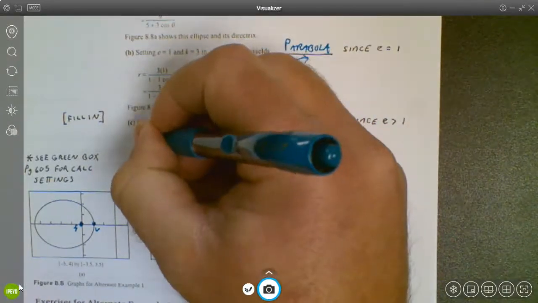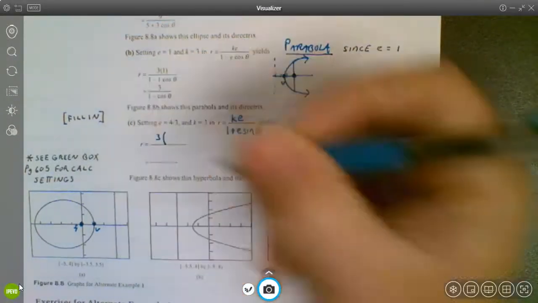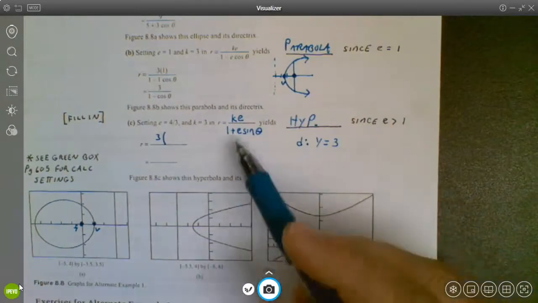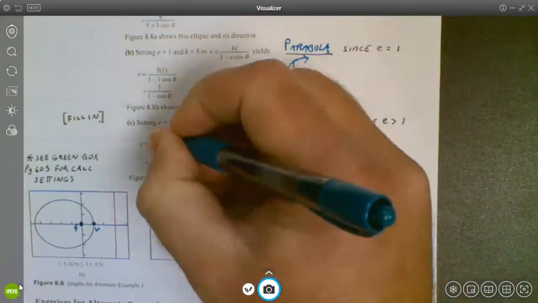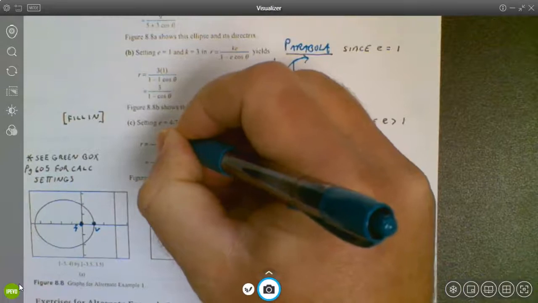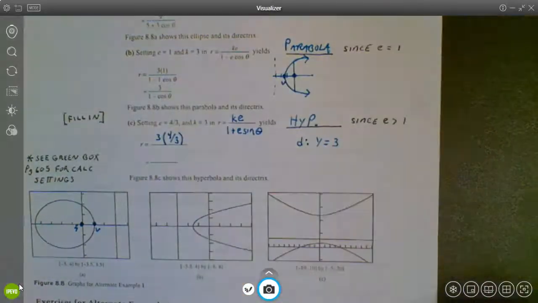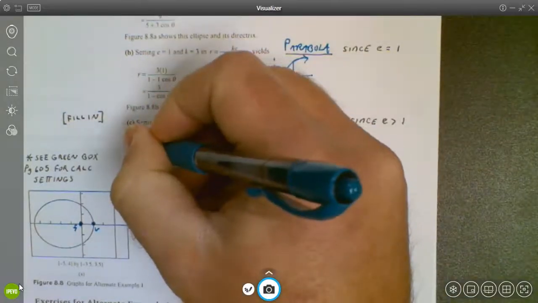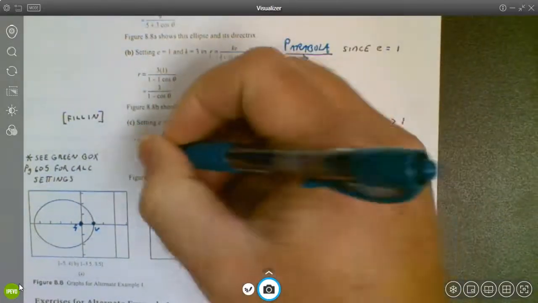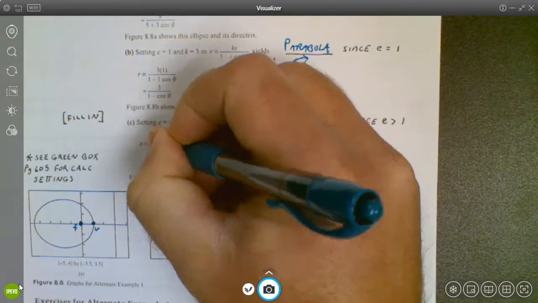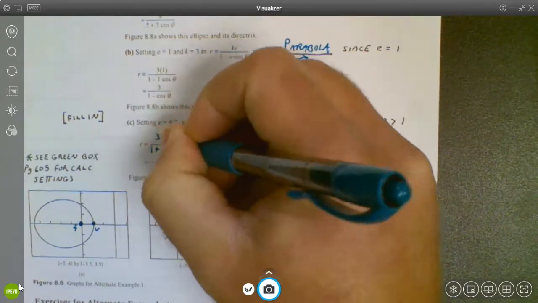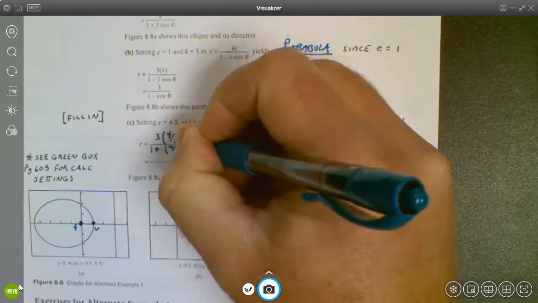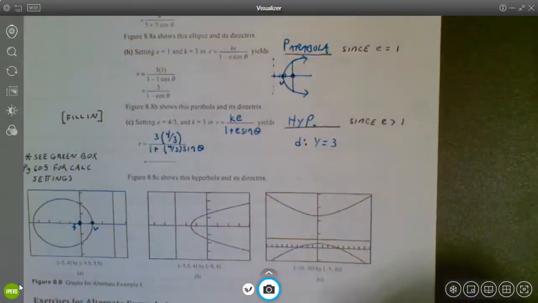Then KE, so my E value was 4/3. That will simplify nicely for us as those 3's will cancel. On bottom we have 1 plus E sine theta, so 1 plus, again that E value was 4/3, sine theta, and that's really the answer, but they do like us to clean that up.